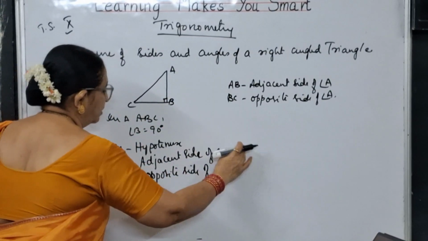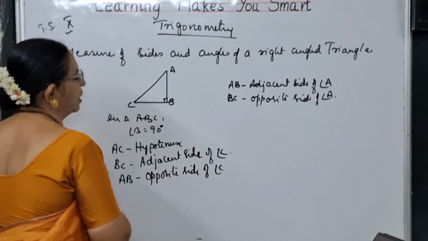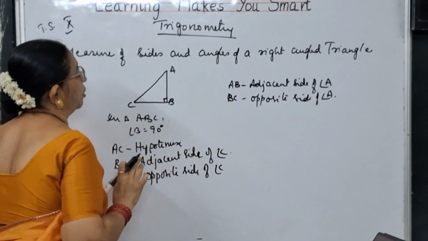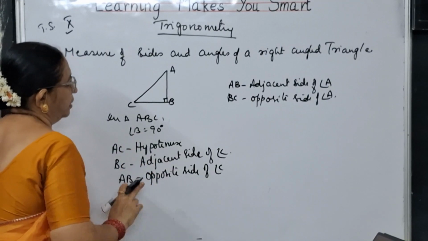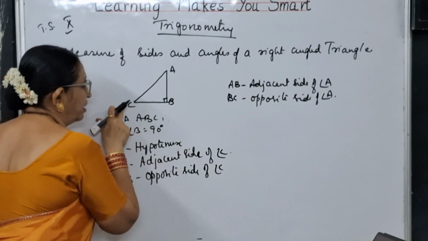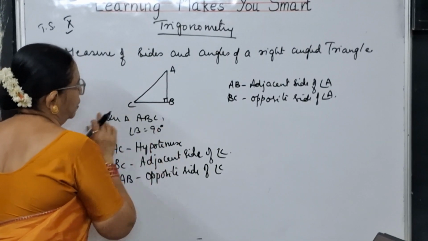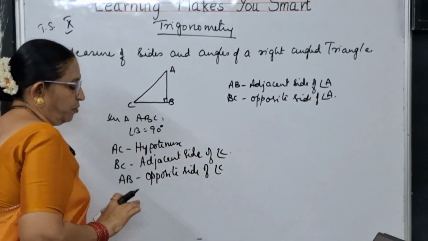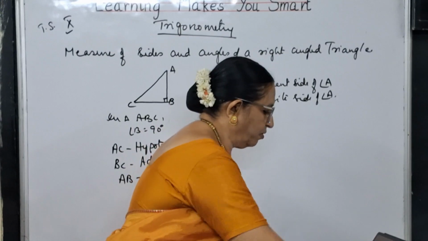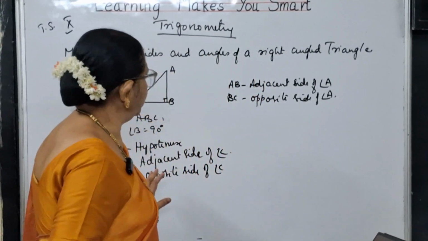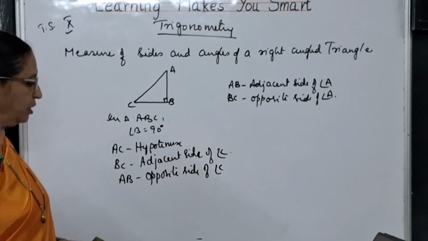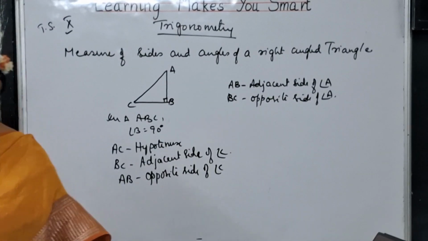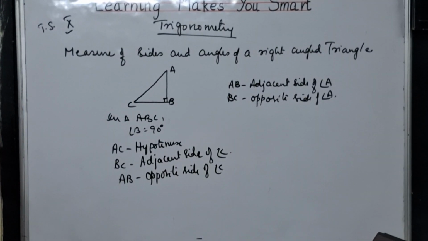So which is the adjacent side and which is the opposite side depends upon the angle to which the problem is dealing with. If the problem is dealing with angle C, opposite and adjacent. If the problem is dealing with angle A, opposite and adjacent. So for convenience sake, to have a basic knowledge, I am giving you this, children. Please note it down. Then we will be seeing the next part of this topic.